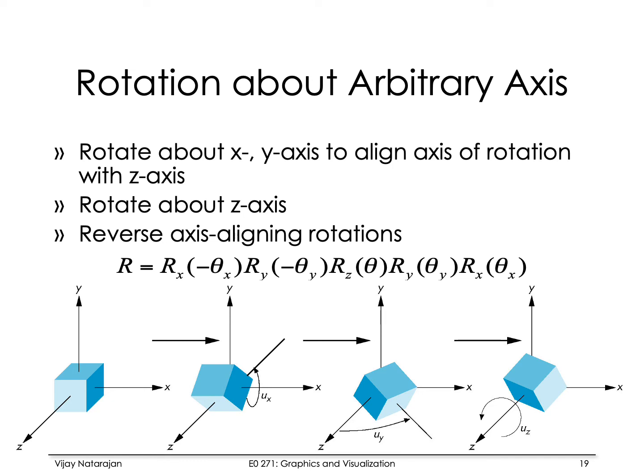Then you apply the rotation that you actually wanted to, followed by the rotations that will reverse the axis alignment. The question remains, how do you find theta x and theta y? Recall that I don't have to apply these rotations one by one. I would just concatenate all of them to form a single matrix.